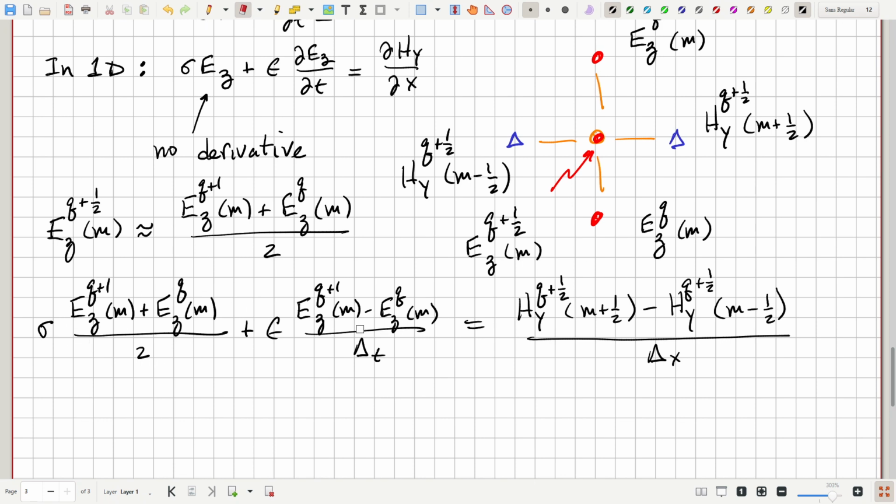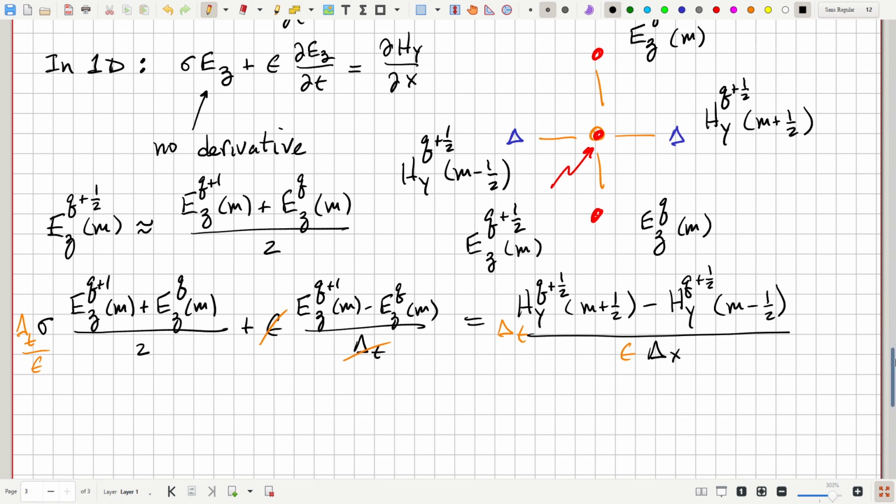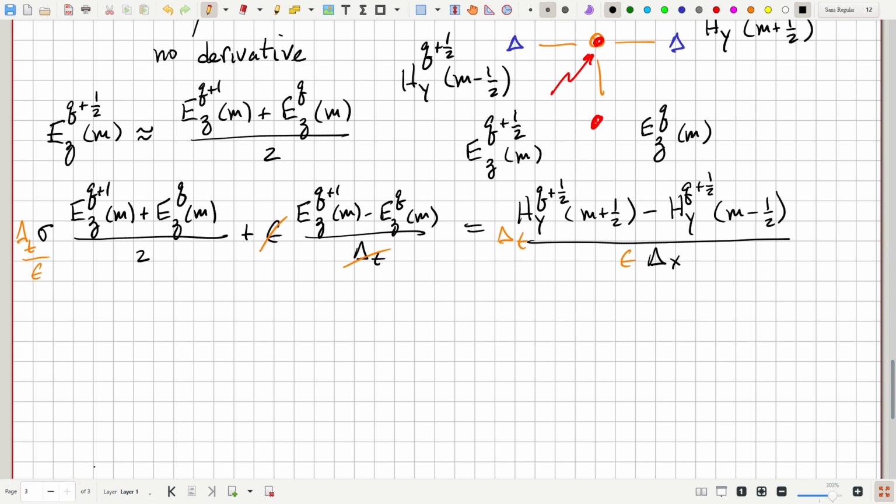We already solved this for these two terms. So let's do the following. Let's multiply through by delta t, which gets rid of that, and let's divide through by epsilon. If we do that, then we can isolate the Ez at time q plus 1 from these two terms, and we'll write it this way.